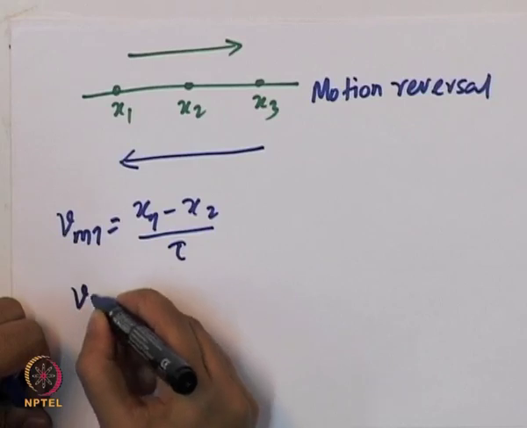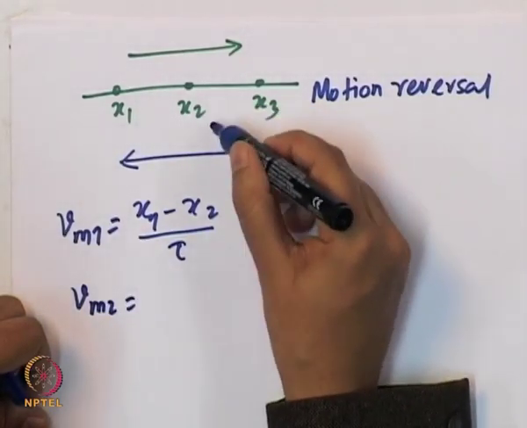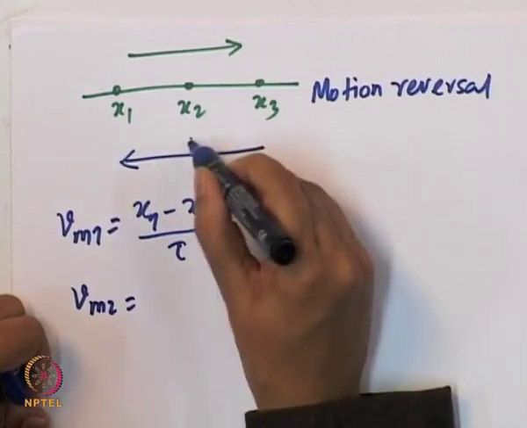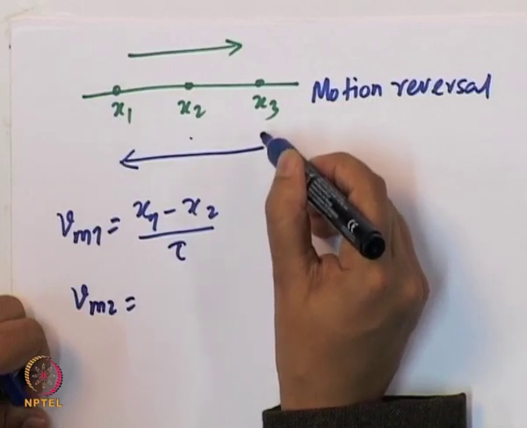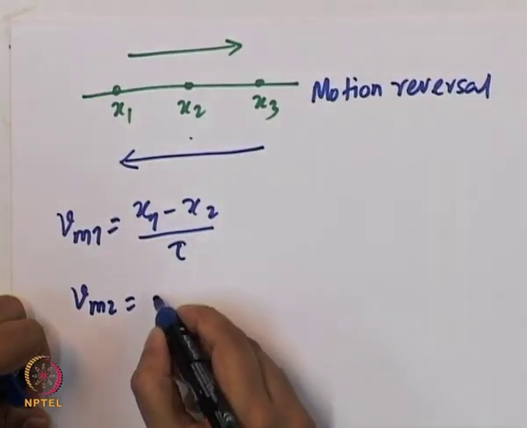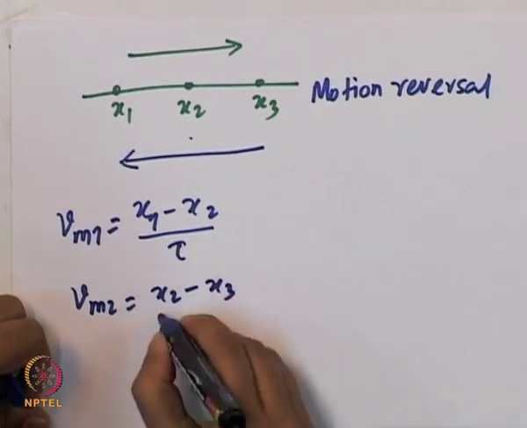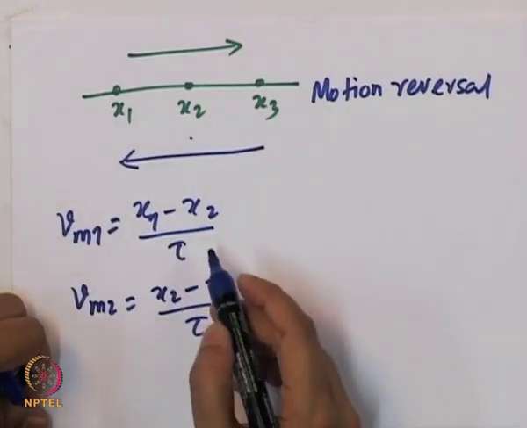Similarly, we will have Vm2. Initially the object was going from here to here, and we computed v2. Now we are going to compute Vm2 when the object is going from here to here. So we will get x2 minus x3 divided by tau. Nothing is happening to tau, tau remains the same.